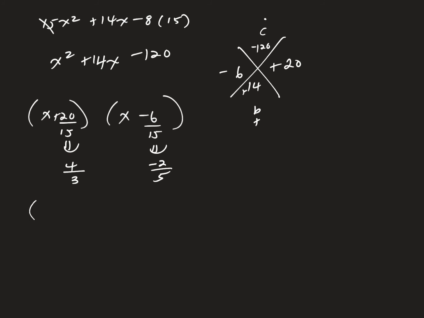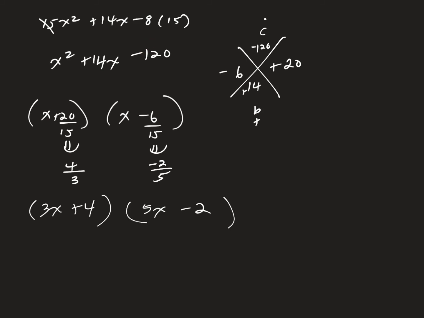So the way that I would factor this would be 3x plus 4 and 5x minus 2. If you multiply this expression out, you see that it gives us our original expression of 15x squared plus 14x minus 8.